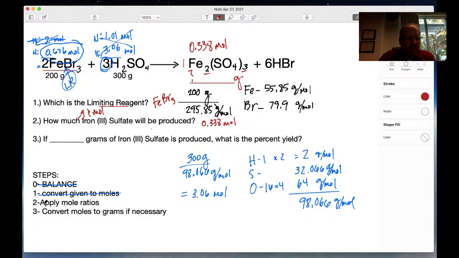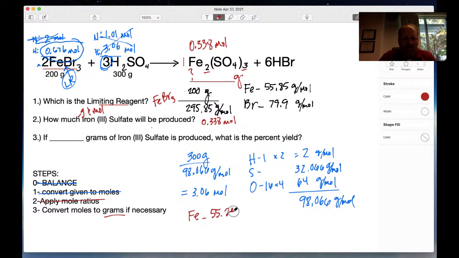And the last, we did apply mole ratios. The last thing says convert moles to grams if necessary. So let's do that. Let's convert to grams. So now down here, remember Fe is 55.85 grams per mole, and there are 2 of those, times 2.